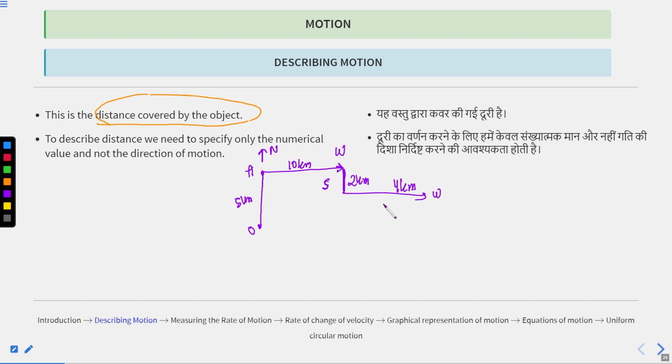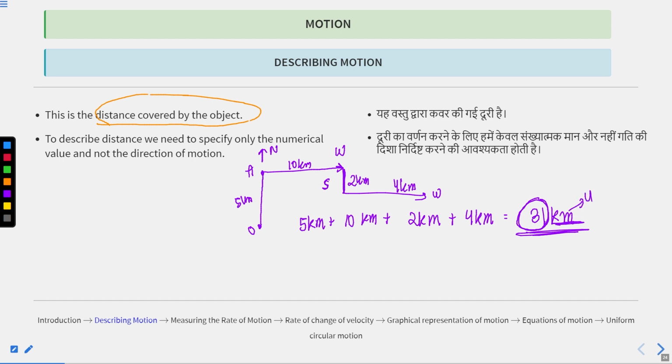Remember, distance is independent of direction. So how much distance did you travel? 5 kilometers plus 10 kilometers plus 2 kilometers plus 4 kilometers, 31 kilometers. You have traveled 31 kilometers. Clear, class? So distance is independent of direction, but it is described by this numerical value, 31 kilometers.